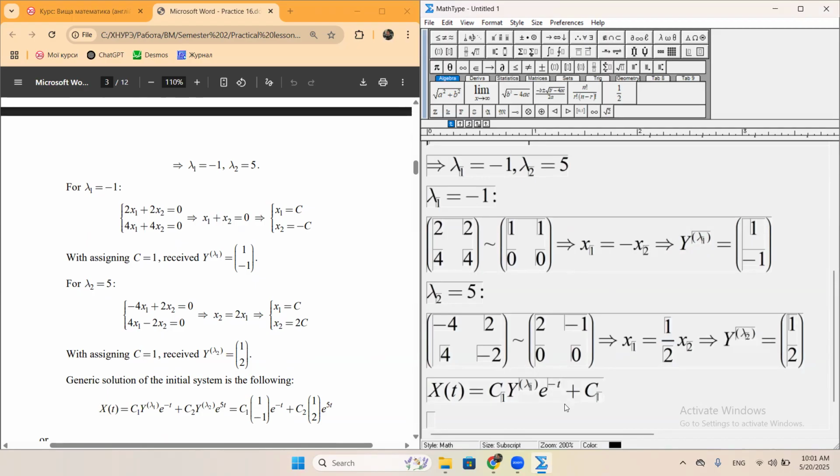And for the second, C2, Y lambda 2, e in power of lambda 2 t, so e in power of 5t.